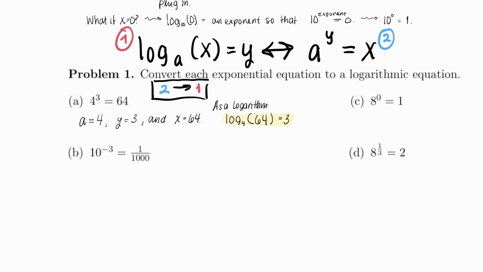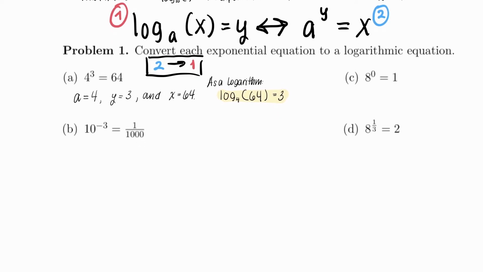Okay, so part B, 10 to the negative 3 is equal to 1 over 1,000. So the base is 10, so a is equal to 10. y is equal to negative 3. And x is equal to 1 over 1,000.